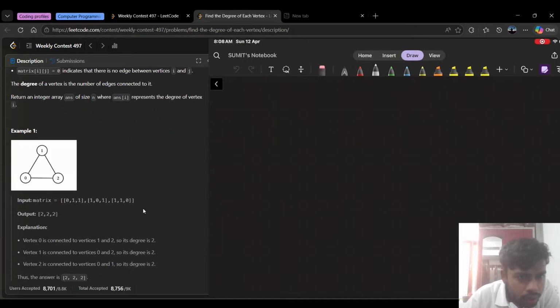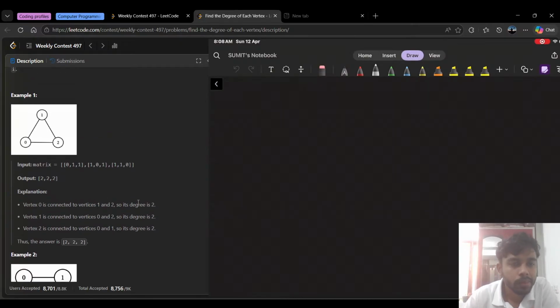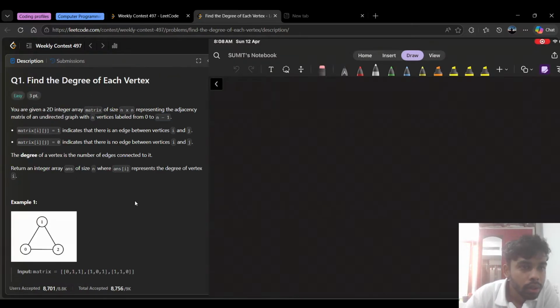But 0 1 0, say 1 1, there is 1, say 0, there is 1, say 1, there is nothing in there. What I have to find, like n cross n matrix of an undirected graph with n vertices from 0 to n minus 1.